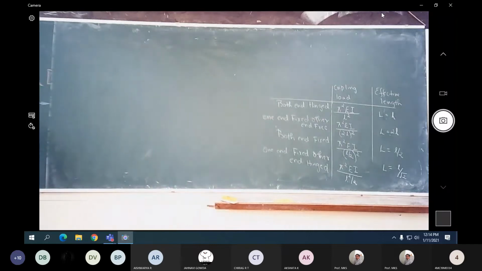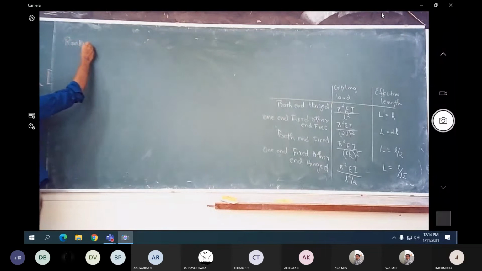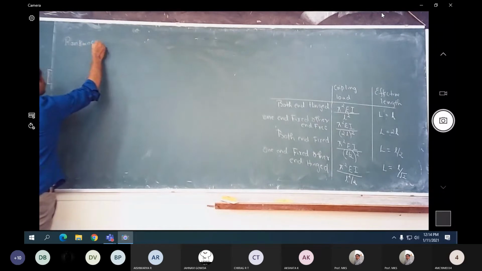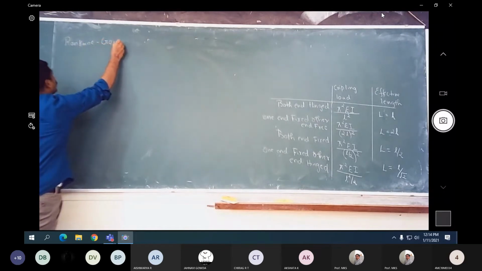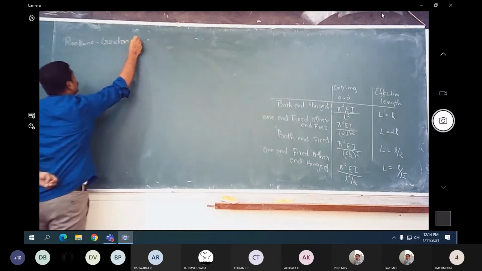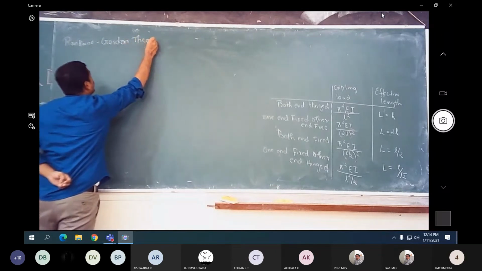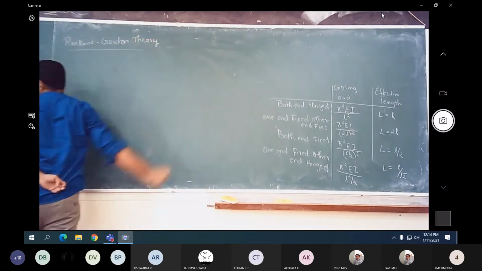You can apply this equation that is suggested with the Rankine theory, or we call it Rankine-Jordan theory, or just the Rankine formula.